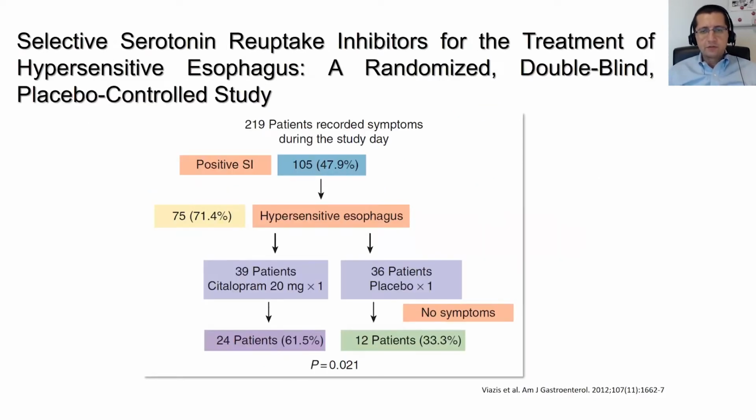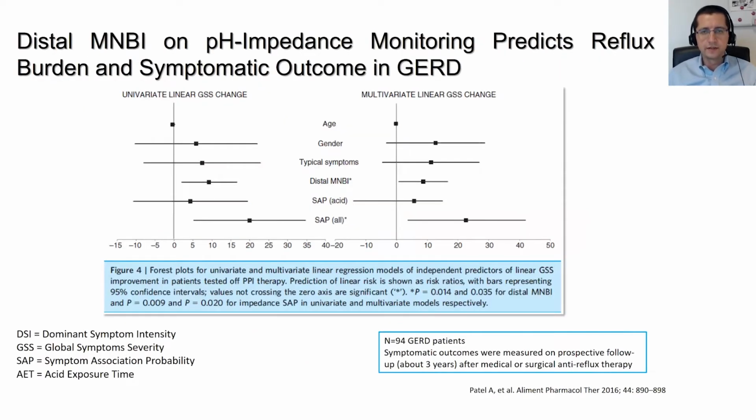From an outcome perspective, this meant that we were able to better stratify our patients and to better identify those who were more suitable to therapies like antidepressants or SSRI, and those who have a better response not only to medical therapy but also to anti-reflux surgery.